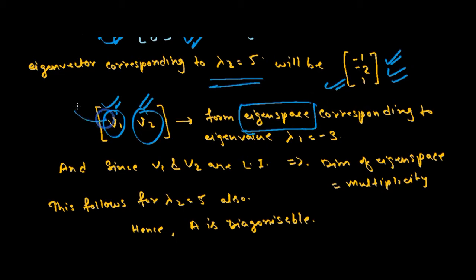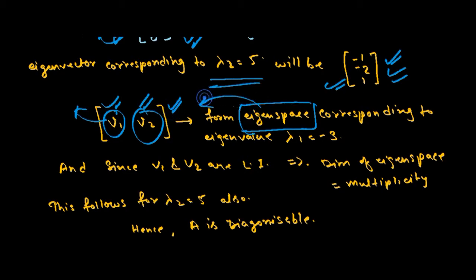and the dimension of the eigenspace will be the number of linearly independent vectors present in the basis of the eigenspace.